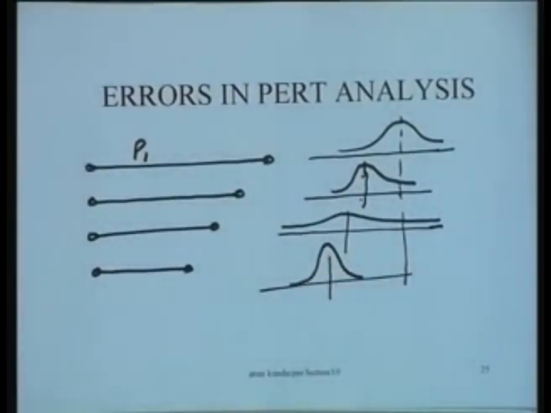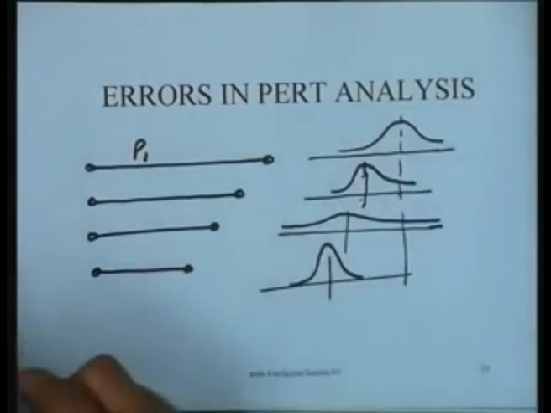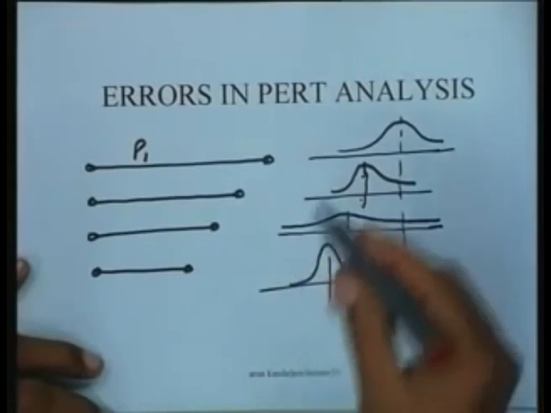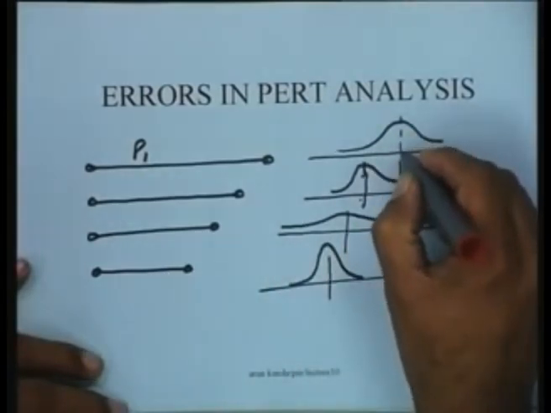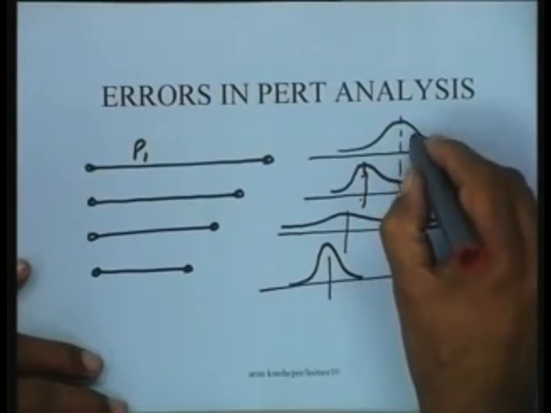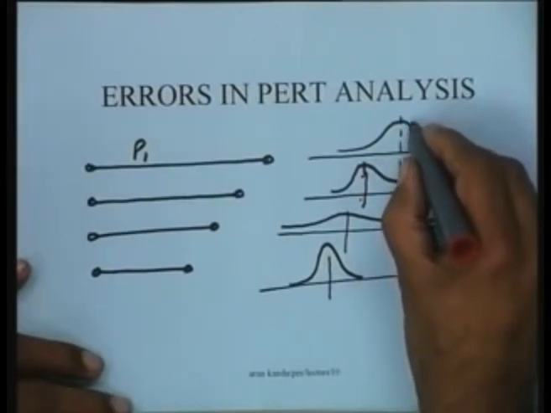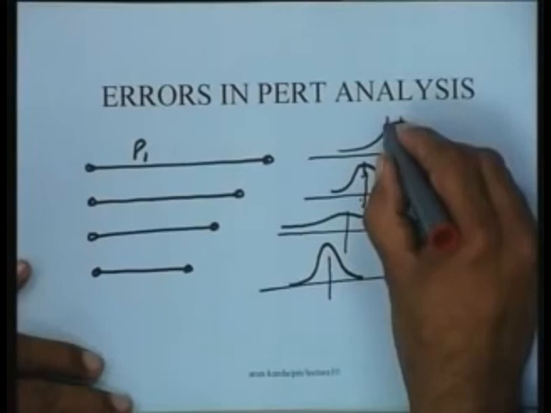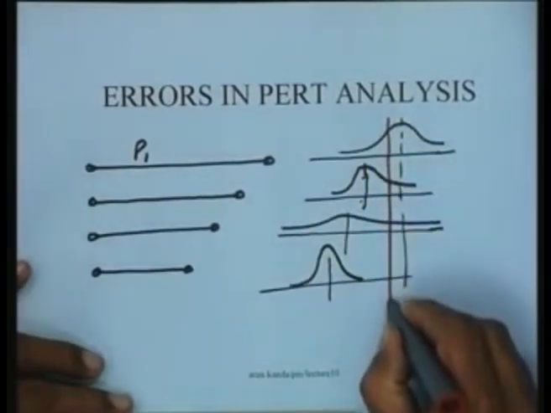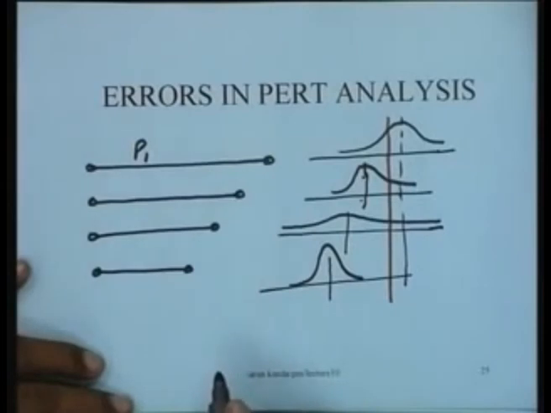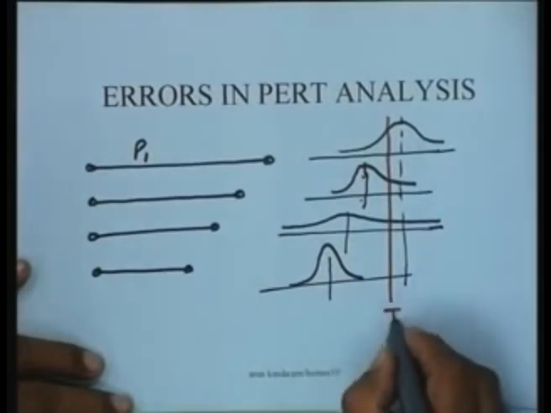Now suppose by using the PERT analysis, what we have computed is the probability that the project duration will be less than this particular value. I mark this particular line here. What is the probability that the project duration is equal to this time t?